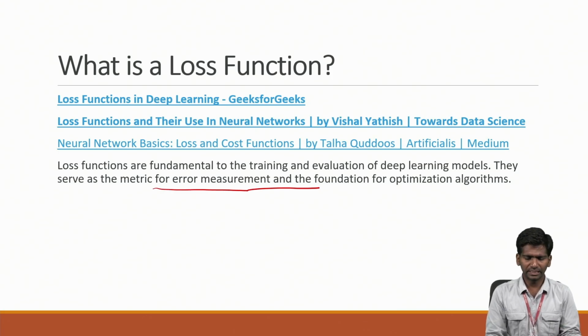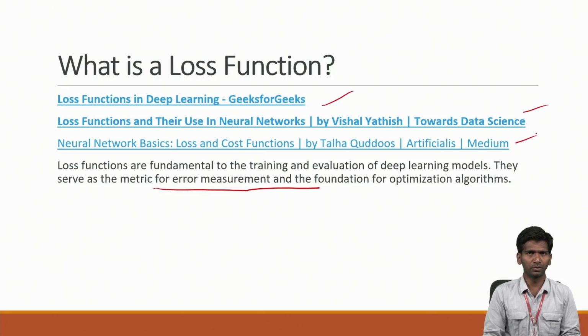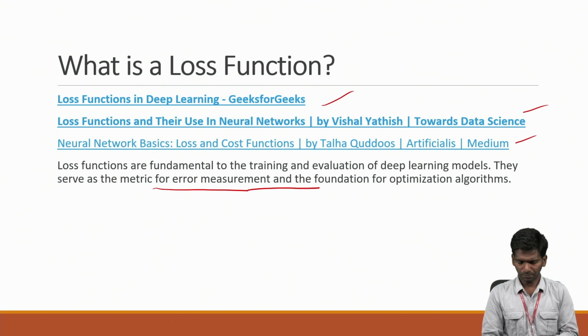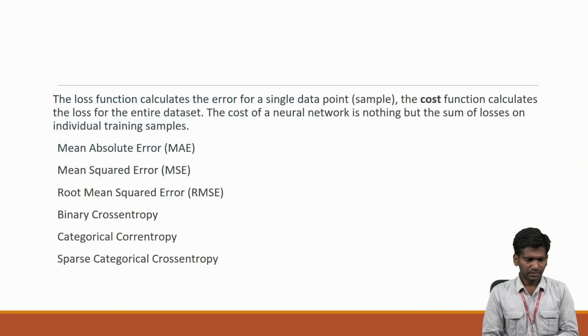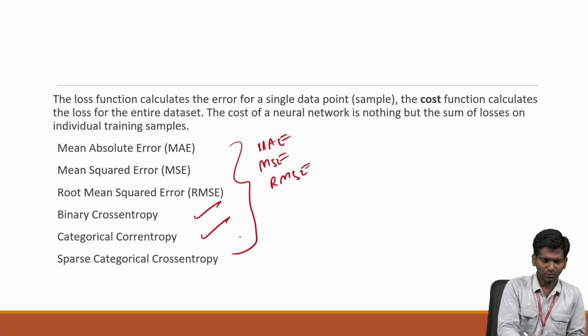You can use these links if you want to go through some deep concepts related to loss functions. There is a good description of this topic. Next, these are the various loss functions: mean absolute error, mean squared error, root mean square error, binary cross entropy, categorical cross entropy, and sparse categorical cross entropy.